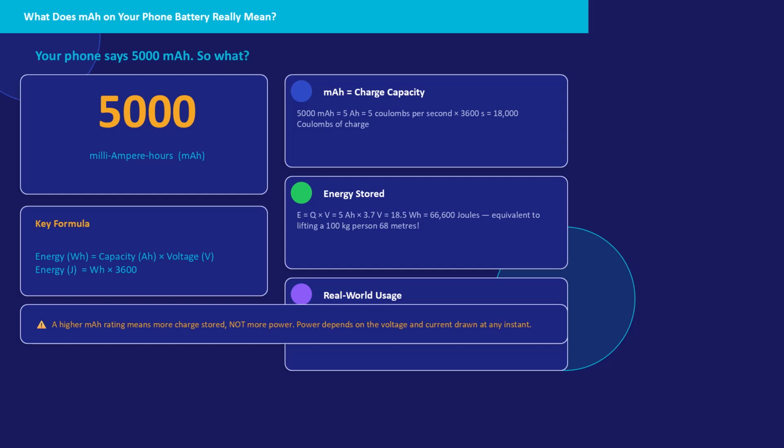So 5,000 milliampere hours gives 18.5 watt hours or 66,600 joules. To feel how much that is, it is enough energy to lift a 100 kilogram person up 68 meters, yet your phone drains it in a day. That tells you how energy-hungry modern electronics are. A higher milliampere hour rating means more charge stored, not more power. Power depends on the voltage and current drawn at any instant.